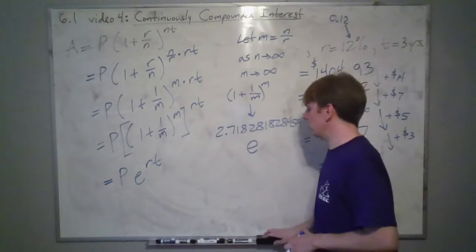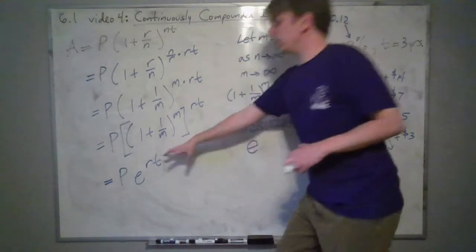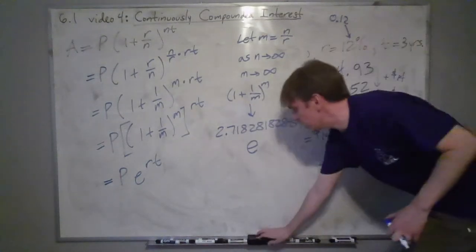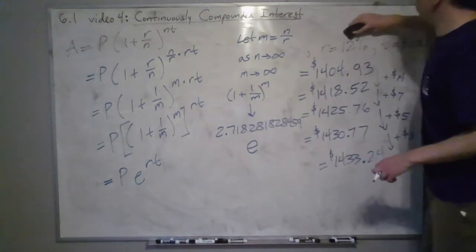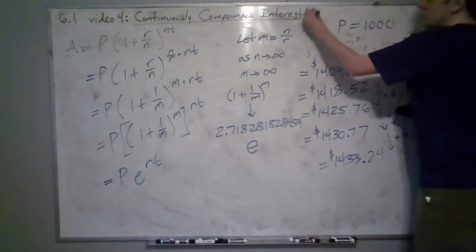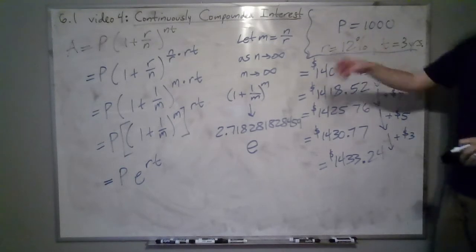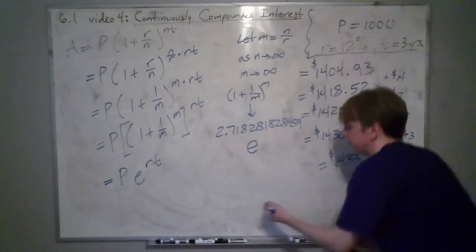So let's take a look at the example from the previous video using continuously compounded interest. In the previous video, we said that p was 1,000, r is 12%, and t is 3 years. Let's plug those numbers into this formula.